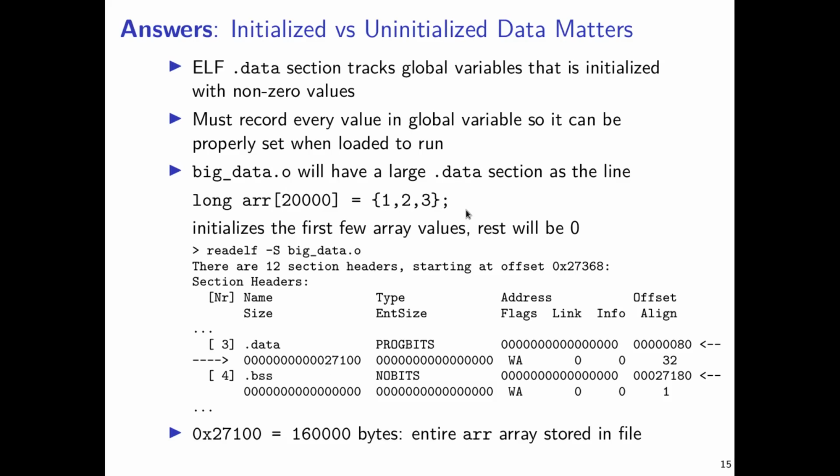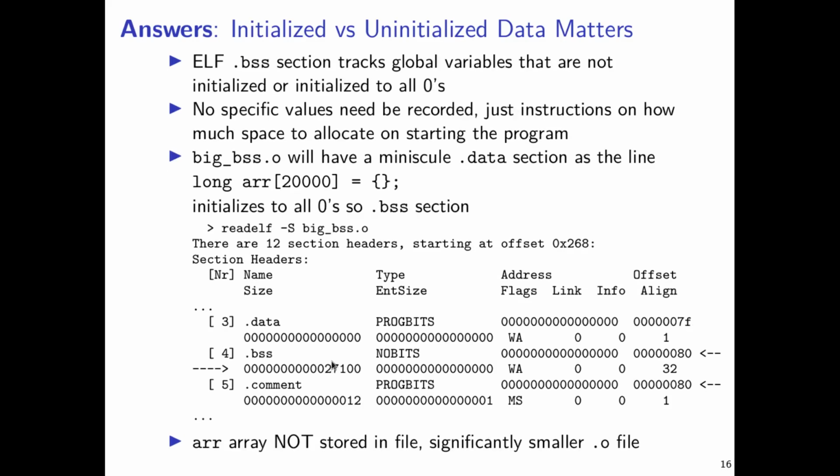But importantly, since I have some initial non-zero entries there, it's put in the data section where you have these so-called initialized data. In contrast to that, compare this to the big BSS version in the big BSS.o, where the initialization wasn't really as refined as it was in that data version. Instead, I said just put all zeros in here. The BSS section, and why it's called that, I cannot say.